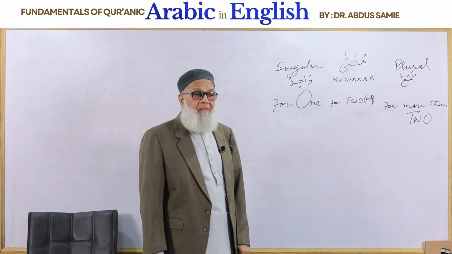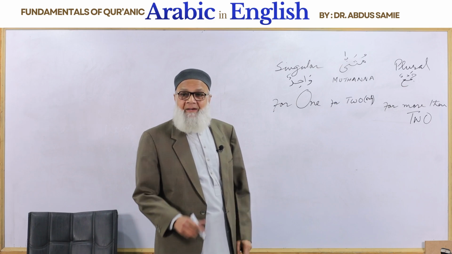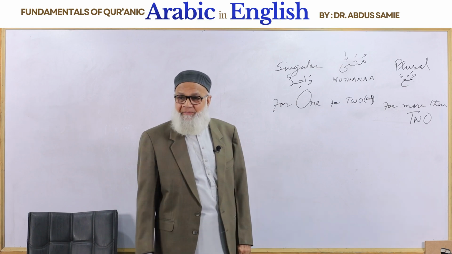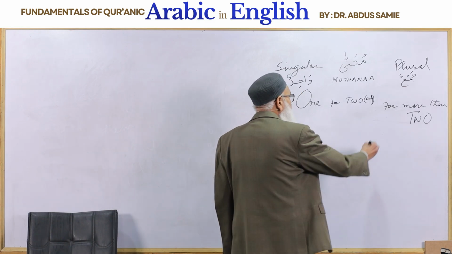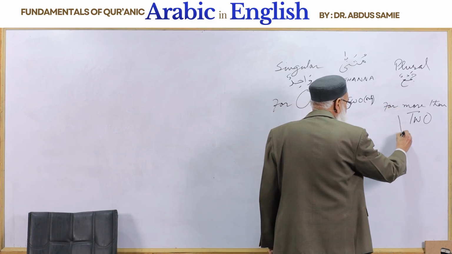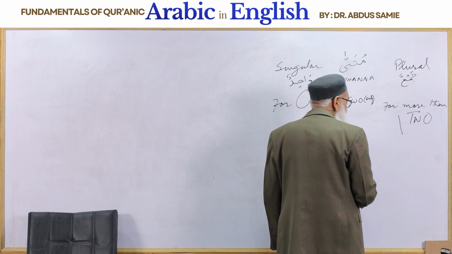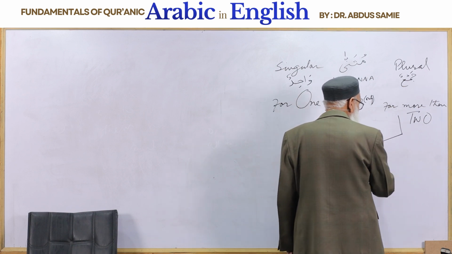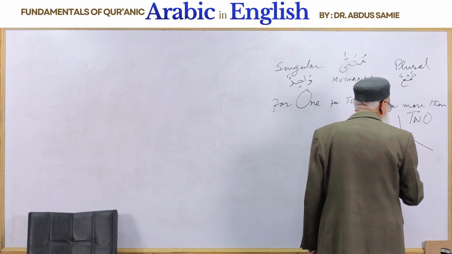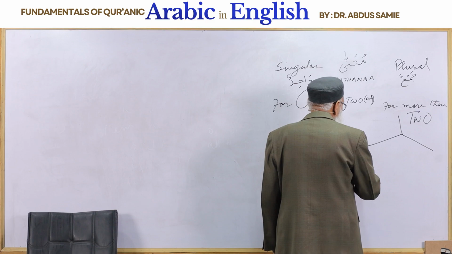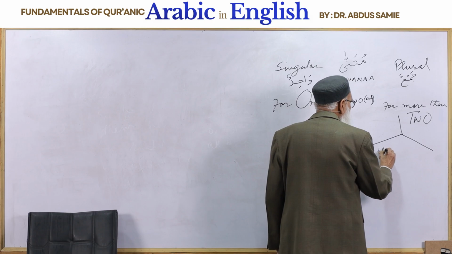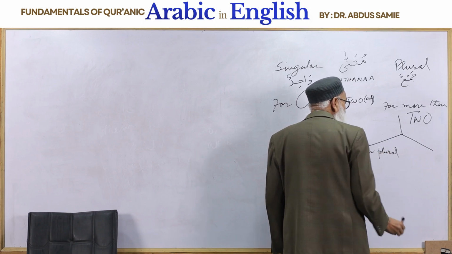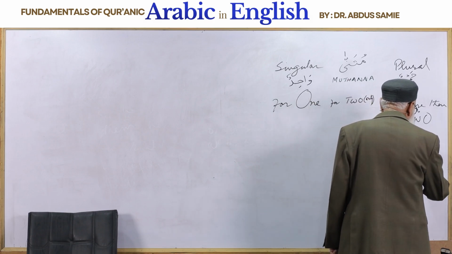But plural or jama are of many types in Arabic. Two types at least. We come to the jama now. Regular plural and then broken plural.